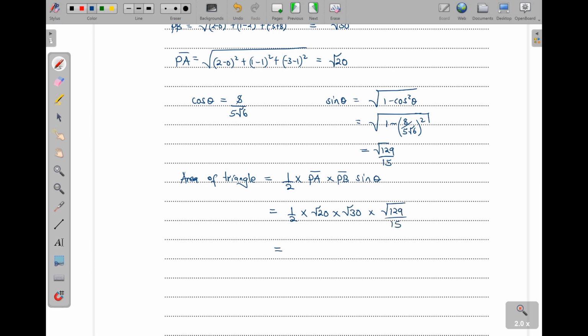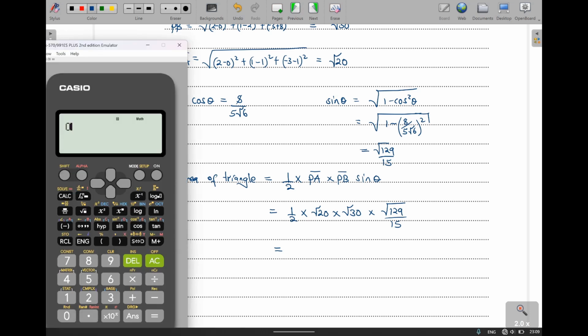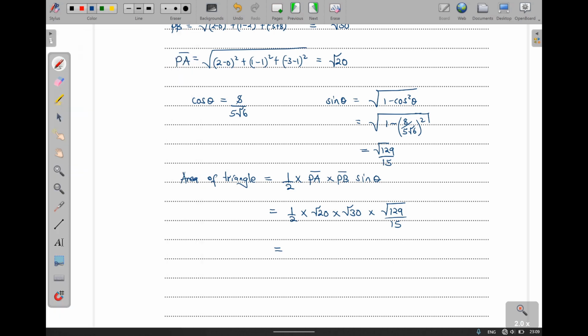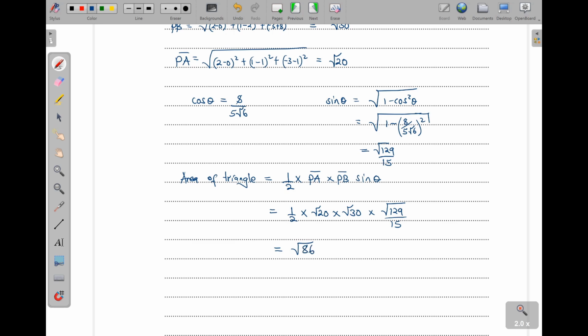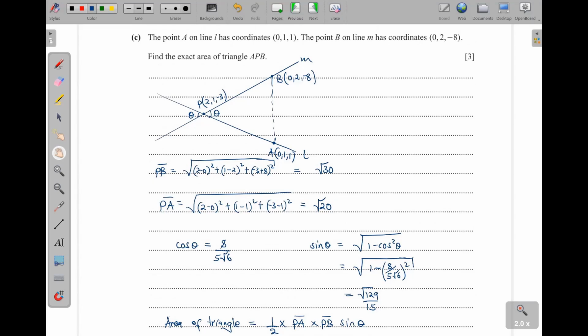So when I put all of this in the calculator, what do I get? 0.5 times root of 20 times root of 30 times the square root of 129 divided by 15, root of 86. So the answer here is root of 86. And remember, they told us to find the exact. So we have to leave the square root there.